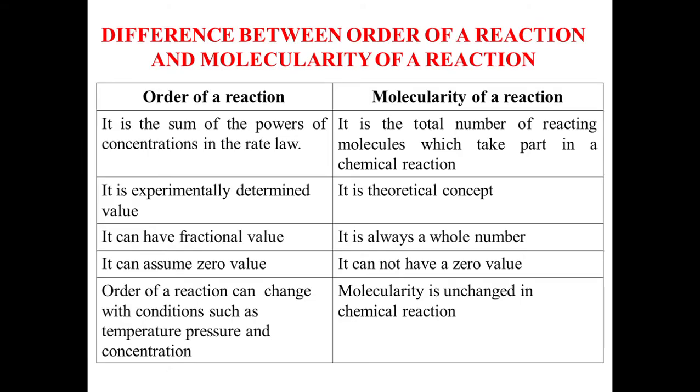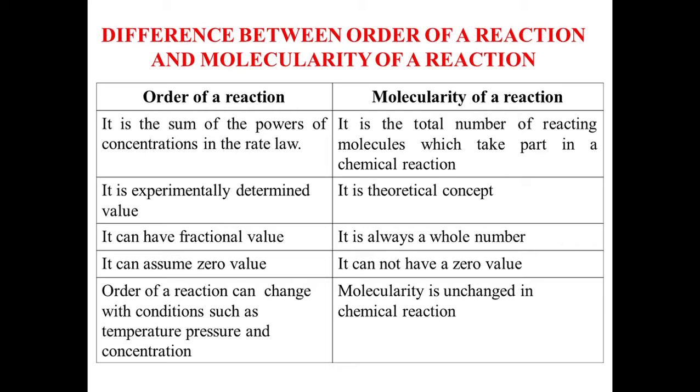Today we will discuss difference between order of a reaction and molecularity of a reaction. In order of a reaction, it is the sum of the powers of concentrations in the rate law. But in molecularity of a reaction, it is the total number of reacting molecules which take part in a chemical reaction.